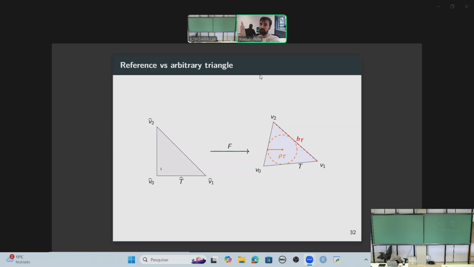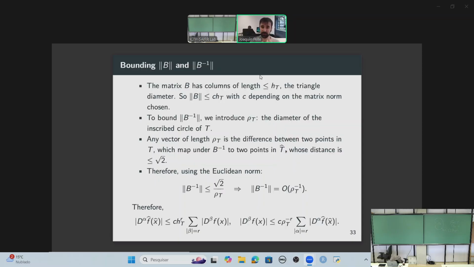So the norm of the inverse matrix could be quite large if ρ_T is quite small. So this is another parameter that we want to control, and that allows us to control the norm of B^-1. This is the reason why I introduced this parameter.